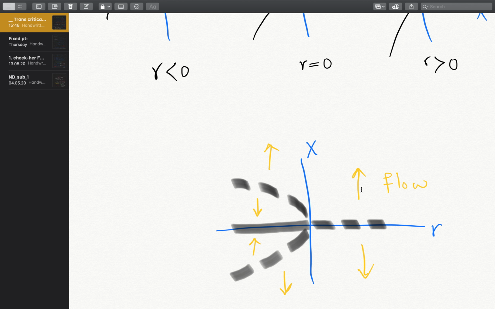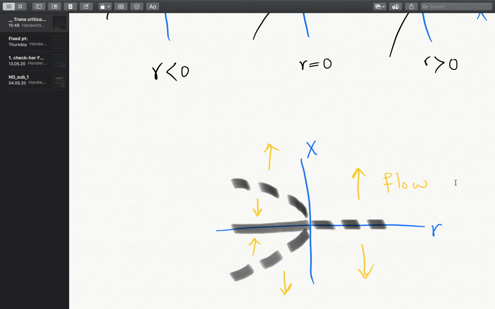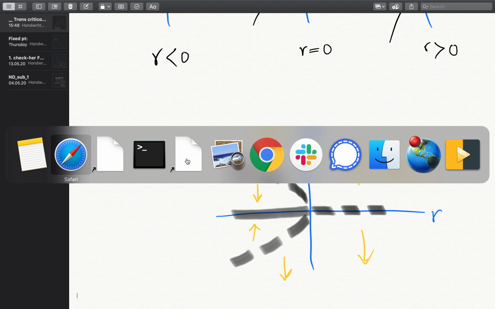So if you have a state of the system over here, the flow of that state is going to be repelled far away from these unstable sets of fixed points and absorbed to this stable one. And that's it. So the bifurcation in 1D here is finished.